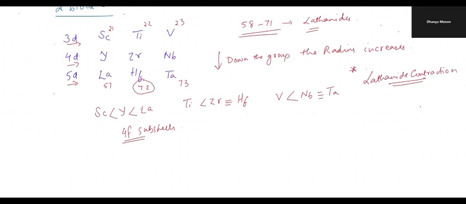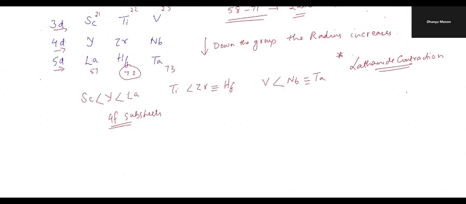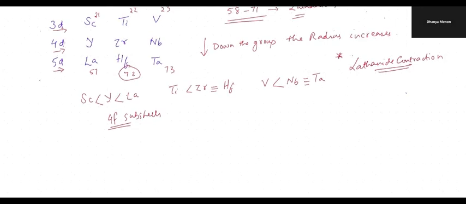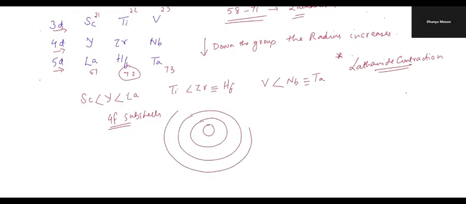Now, what is this lanthanide contraction? Now, students, in a multi-electron system, the positive nucleus attracts the electrons. But the inner electrons shield the outer electrons from the nucleus.